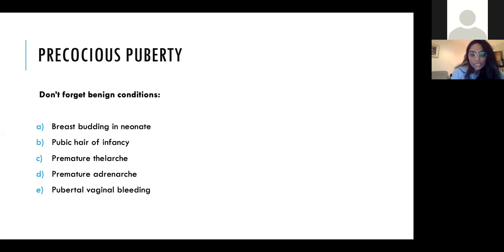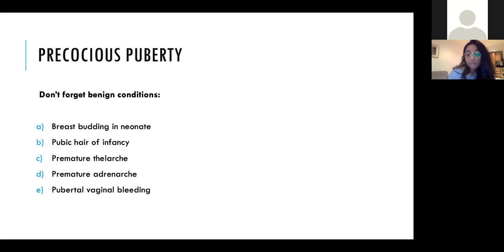Premature adrenarche is commonly seen in African Americans, and this doesn't involve rapid progression of puberty, so that's something you have to exclude. And most of the time, again, this doesn't need any further investigations.